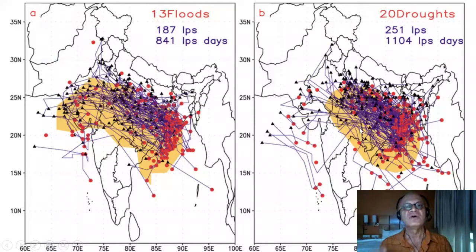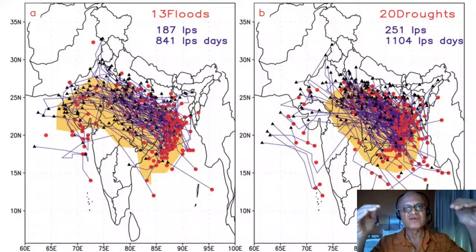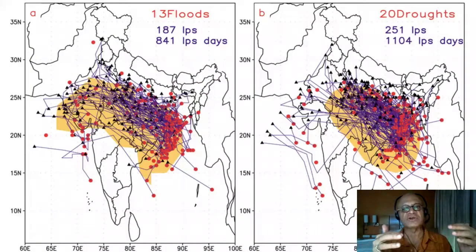What does this mean? Obviously, the monsoon has a seasonal mean and a monsoon trough that is producing a seasonally persistent pattern. And then you have convective systems and these LPSs which are contributing. So how the wet years and dry years are determined in a seasonal mean doesn't just depend on LPSs.